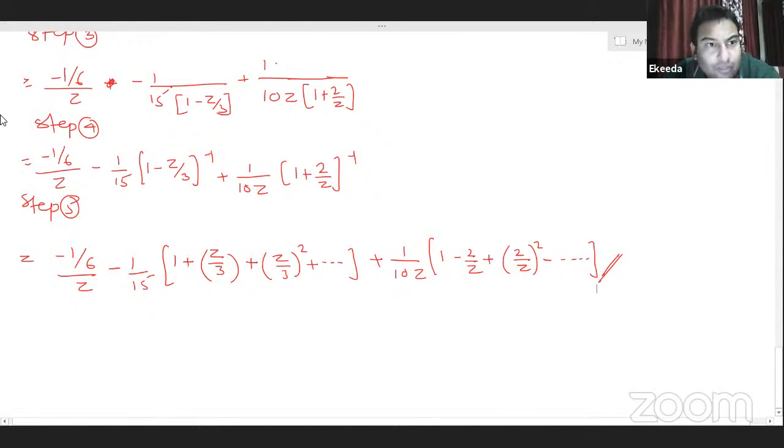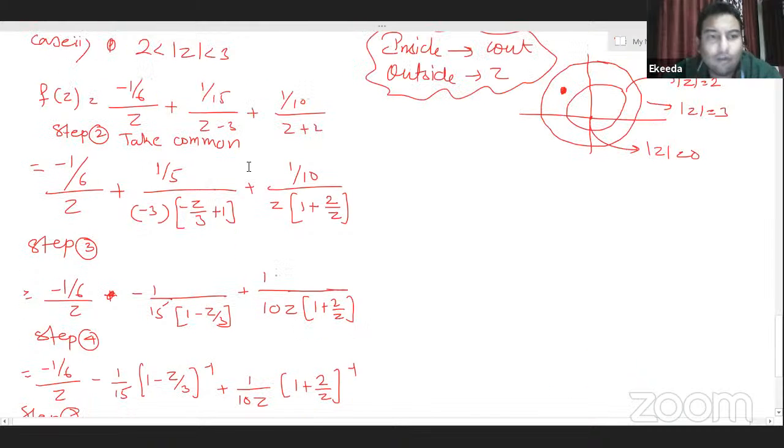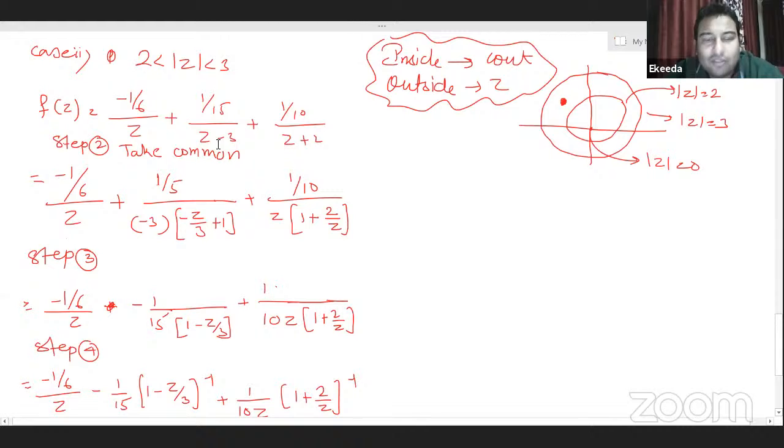Please check step number 2. Something wrong? Step number 2, take common. No, it's right. See, take common means we need to take something common. If the point is inside, we're going to take the constant common. If the point is outside, we're going to take z common. See, this is |z| = 3, meaning this outer circle. So the point is inside. Therefore, we're going to take minus 3 common from these two terms.